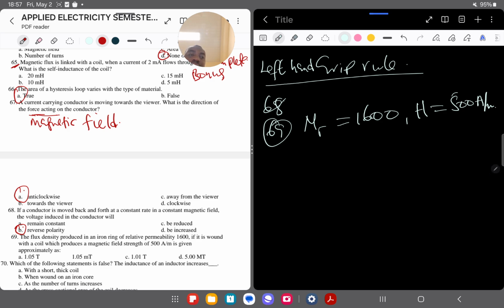Now we have to find the magnetic flux density.